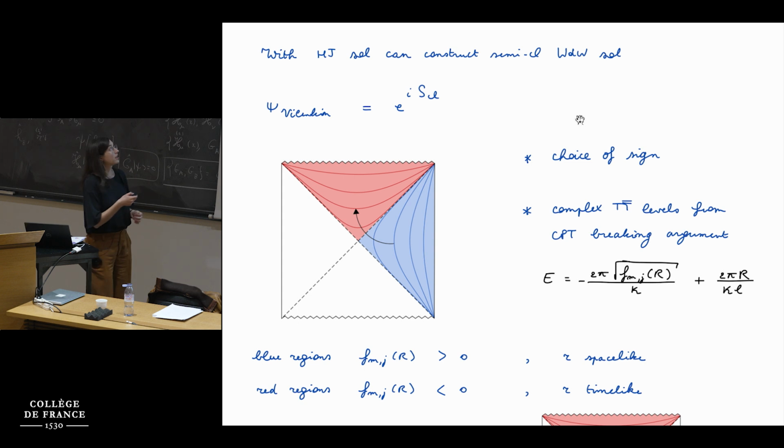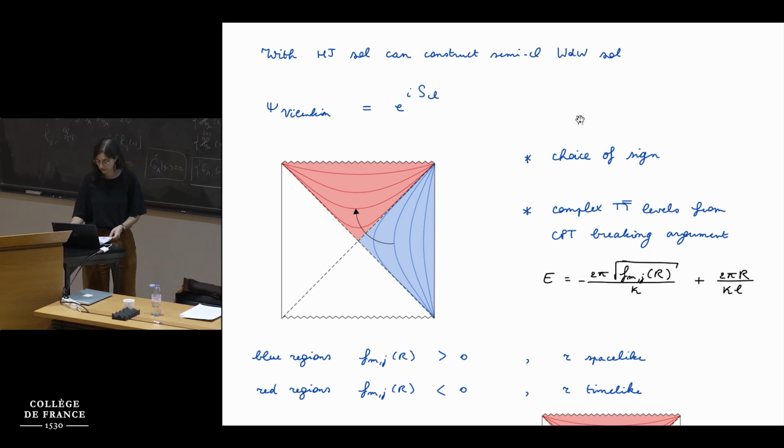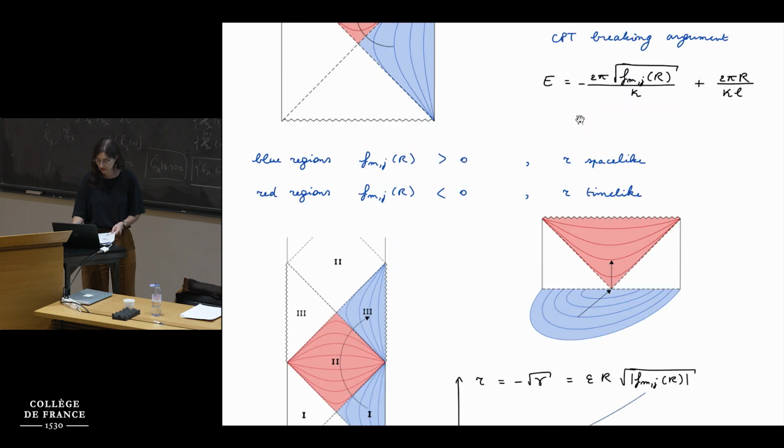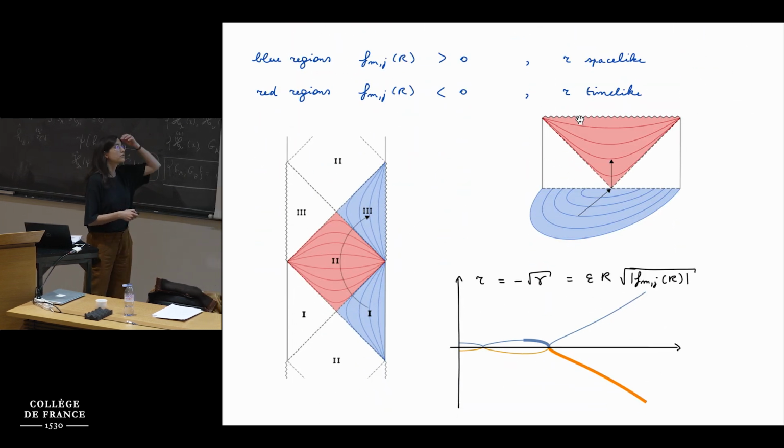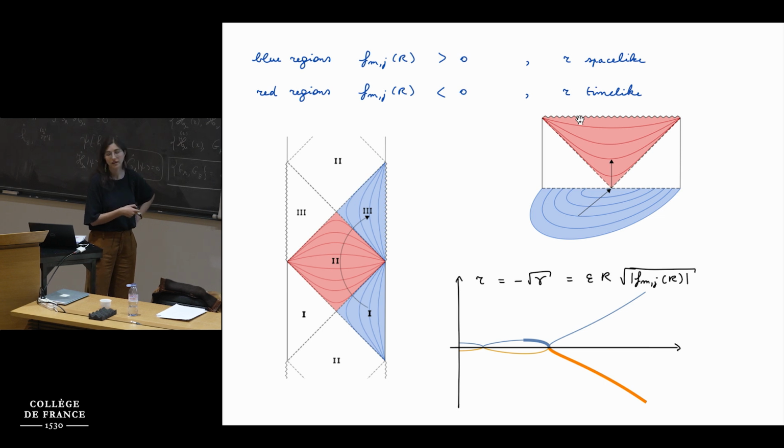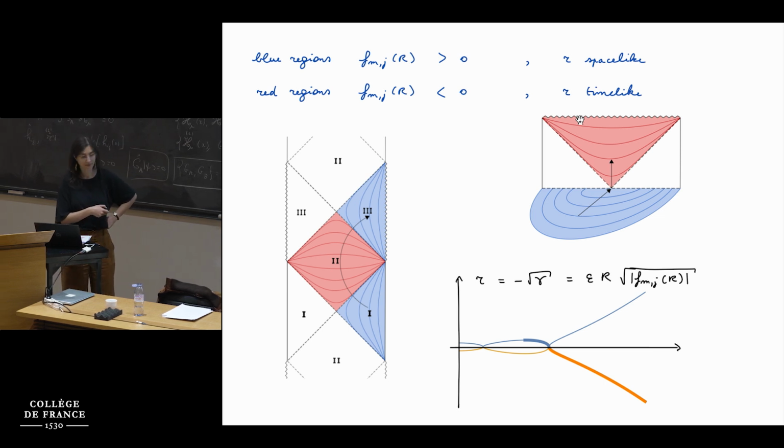And so what I've done here, we've constructed the rotating BTZ geometry, but I've just drawn the diagram for the non-rotating one for definiteness, but I can add here the rotating one and also the version of the previous diagram with the first part of the evolution, the blue part of the evolution in Euclidean signature. So this would be like preparing the state like this and then evolving forwards in a chosen direction of time.